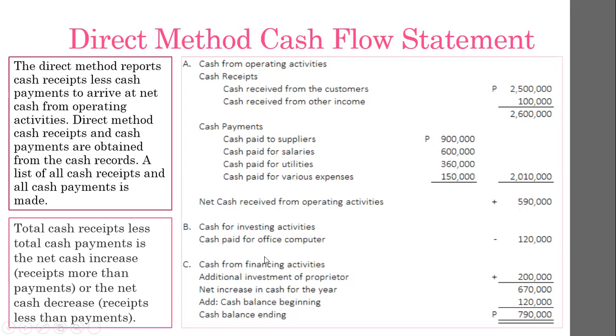Then, cash from financing activities na po tayo sa part 3 ng direct method. Additional investment of proprietor. Nag-invest si proprietor ng 200,000.